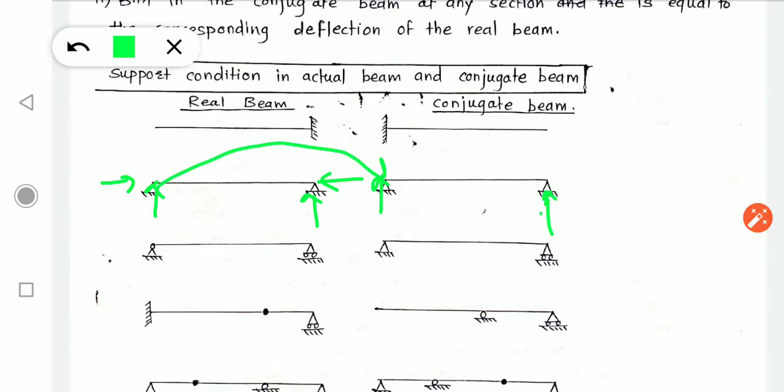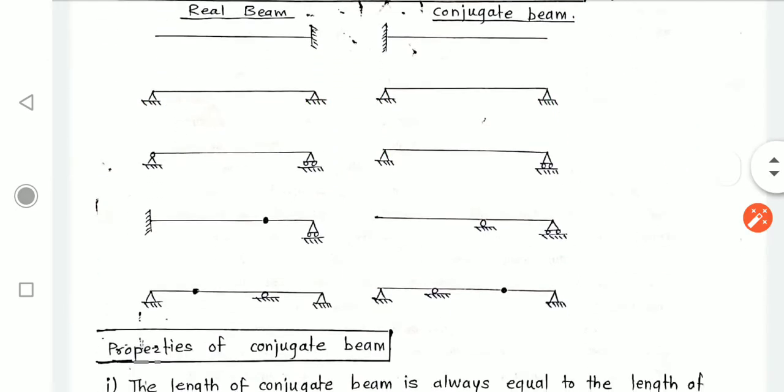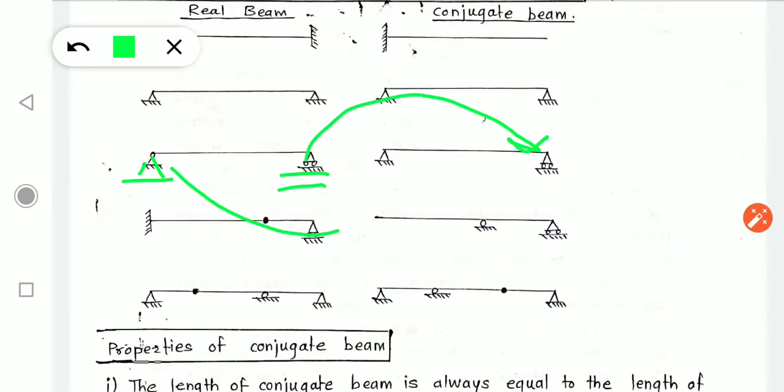So there is no change in hinge support. If the real beam consists of a hinge support, the conjugate beam will also consist of a hinge only. Then if you have a roller and hinge combination, with a hinge at one support and a roller at another, the roller will remain roller and the hinge will remain hinge. Therefore, we can say hinge and roller will not change in the conjugate beam. They will remain as they are.